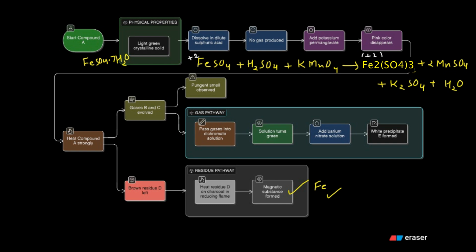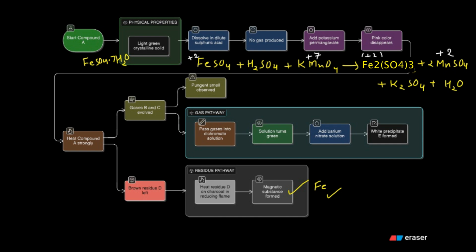Your manganese here is in the +2 oxidation state, and here your manganese is in the +6 oxidation state. This is something very important you need to understand. Not +6, actually it is +7 oxidation state.